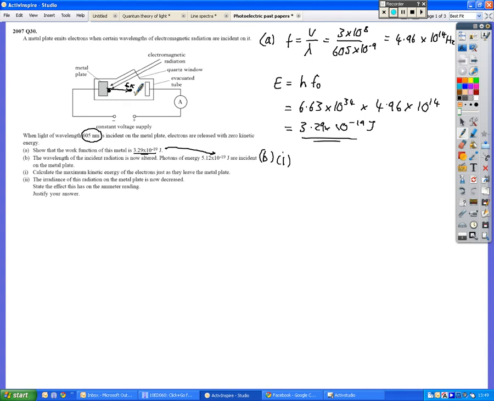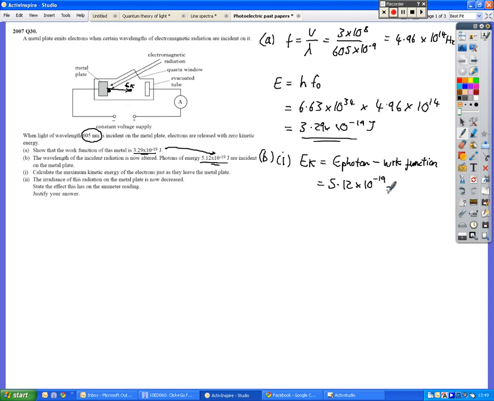So what you're really calculating here is the difference between this energy and the work function. So the kinetic energy that it has is going to be the energy of the photon minus the work function. So the energy that the photon has in this case is 5.12 times 10 to the negative 19.